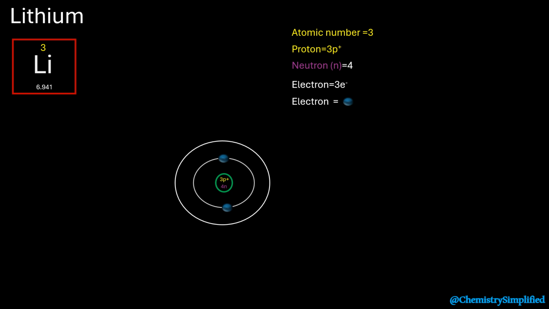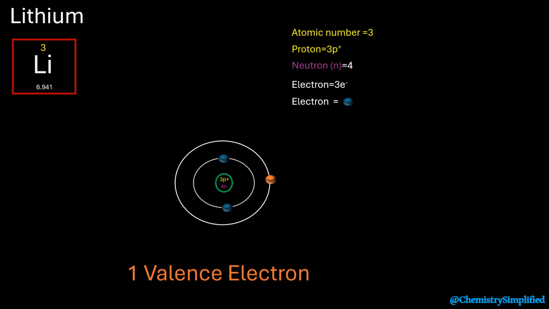Remember, lithium is in period 2, or the second energy level. And there is only 1 electron on that energy level because the total number of electrons is 3. So the first 2 electrons are located on the first energy level, and we need 1 more electron, and we place that electron in the second energy level. So therefore, lithium only has 1 valence electron.